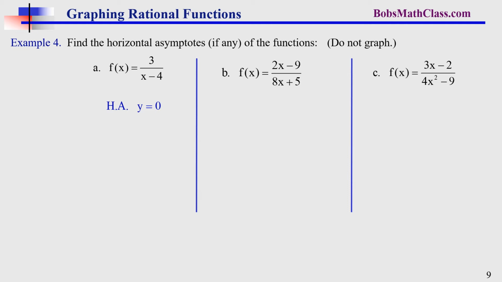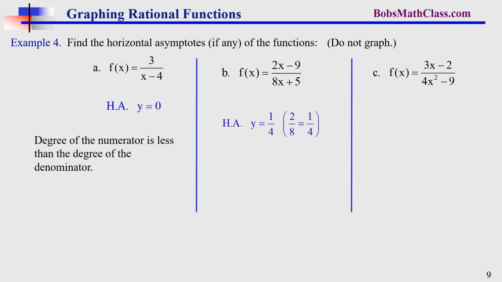So how about part B? Same amount of x's, right? The degree on the top is 1. The degree on the bottom is 1. So this is where it's the same, so that's going to be a over b. This one's going to be 1/4. 2 over 8 equals 1/4.